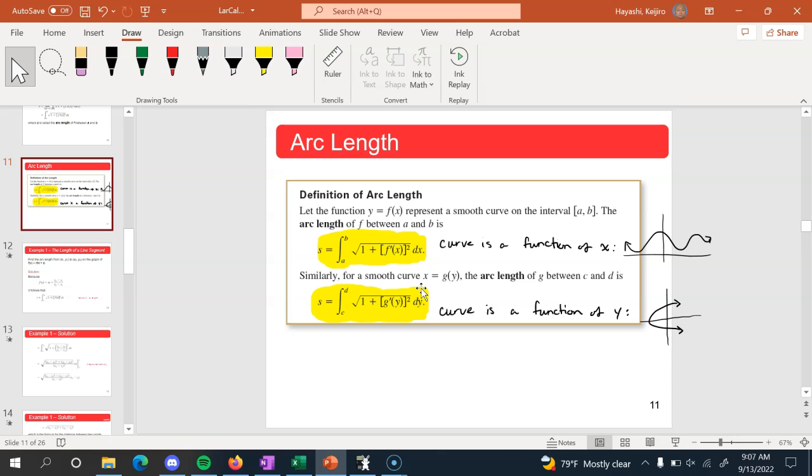One of the things that you're meant to learn in calculus too is that there's no fundamental difference between the variable x and the variable y. It's a weird in-between.